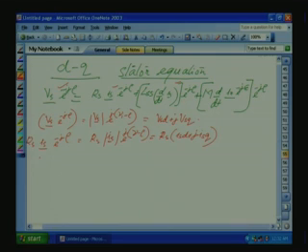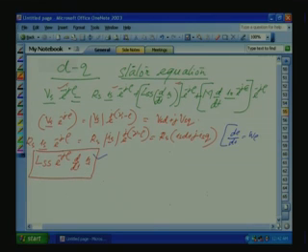Let us take the term LSS e raised to minus j rho d by dt of Is. This is the term we want. So what I will do, I will put this e raised to minus j rho also inside.